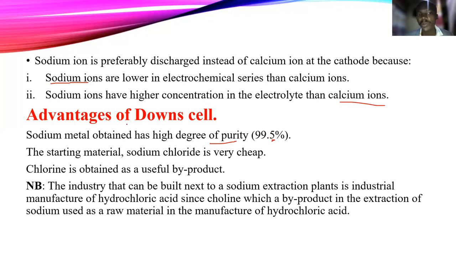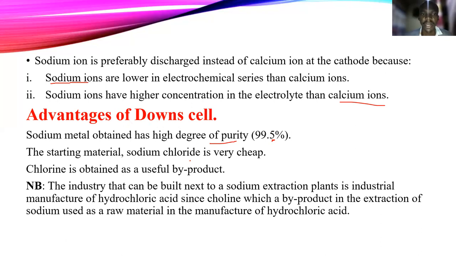One, the sodium metal obtained has a higher degree of purity. Another, the starting material, sodium chloride, is very cheap. And also there is production of chlorine gas, which is useful in the manufacture of hydrochloric acid. Therefore, somebody can ask you which industry plant can be situated near the sodium extraction plant.